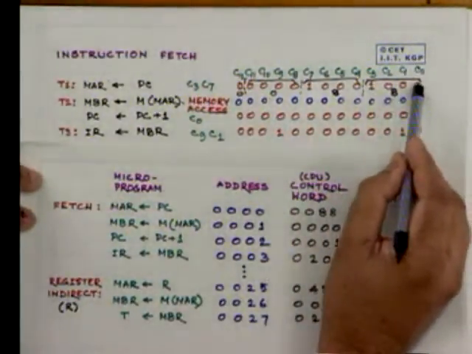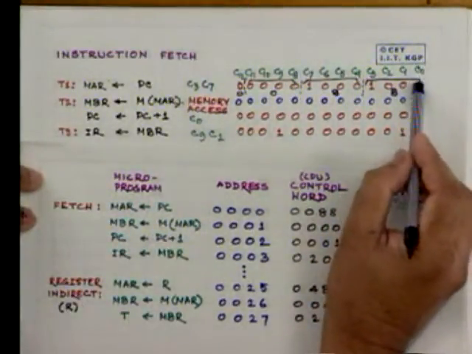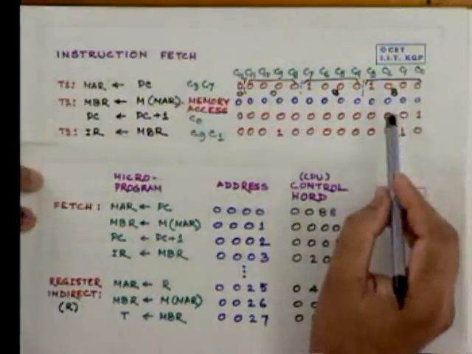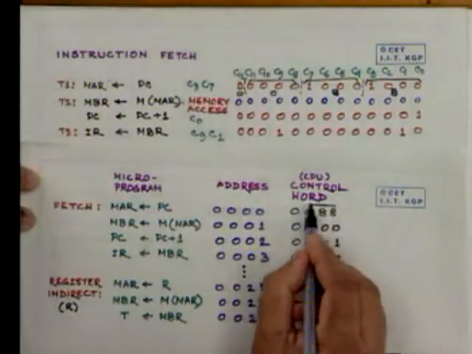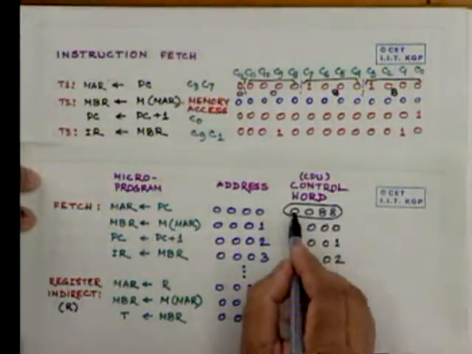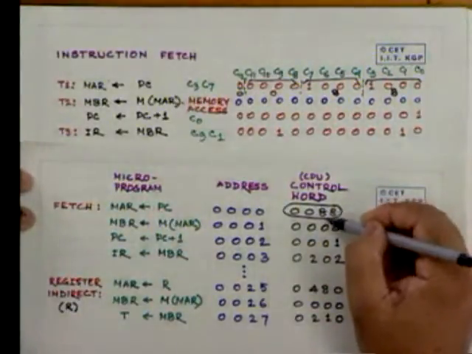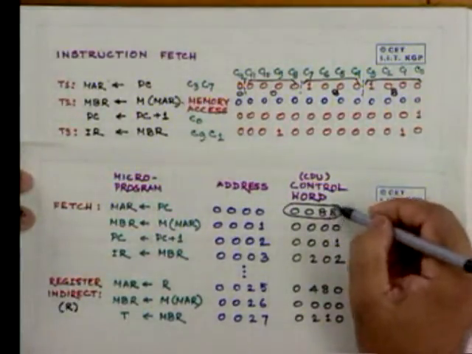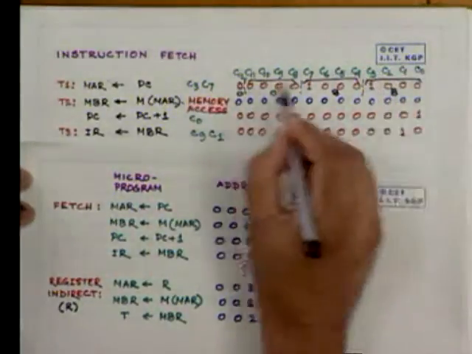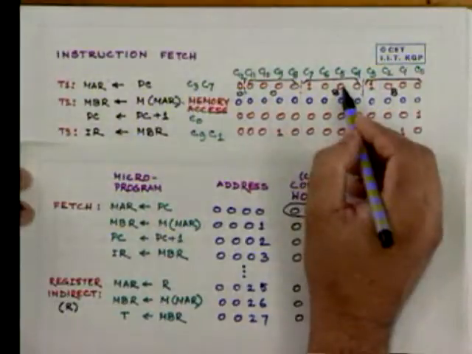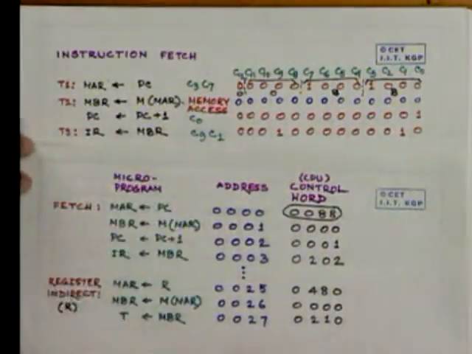If we send this to the different control signals, for example this to C0, this to C1, then as we read the content of this memory location, the output can be sent directly to the different control gates, which will effect the control desired, that is, program counter going to memory address register.